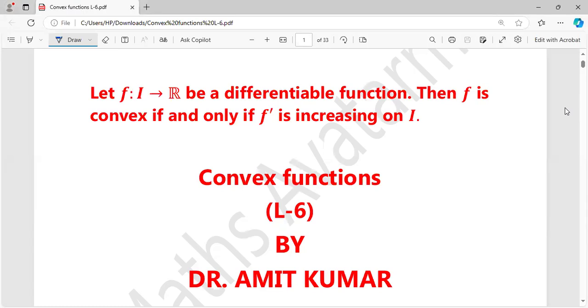Today we are going to see the sixth lecture on convex functions. In this lecture, we will prove the characterization of a convex function. Let f be a differentiable function defined on interval I. Then f is convex if and only if the derivative of f is increasing on I. Let's see how we will prove it.